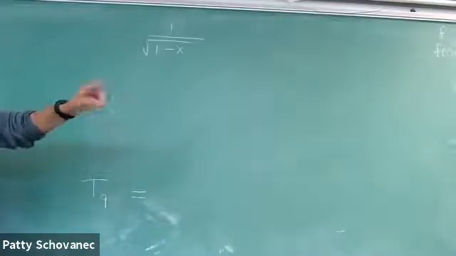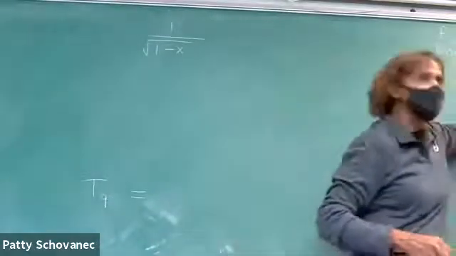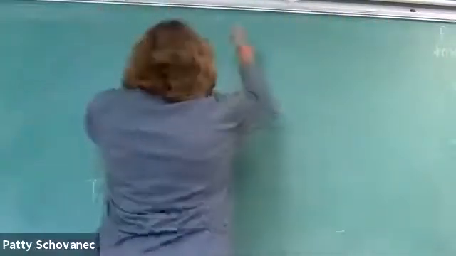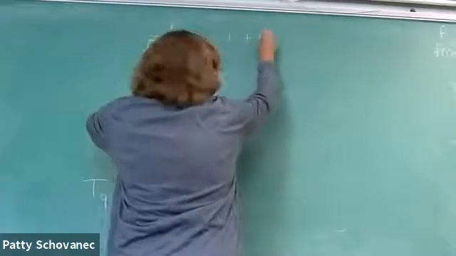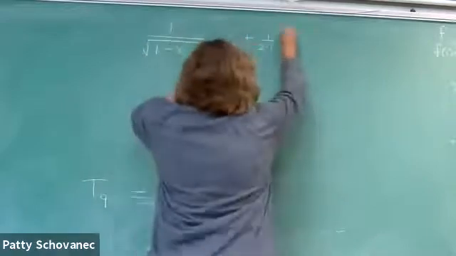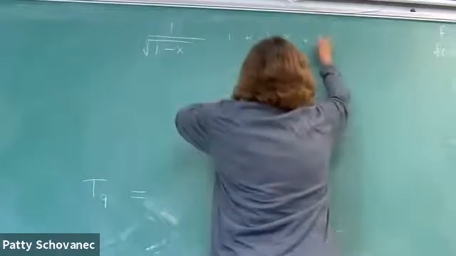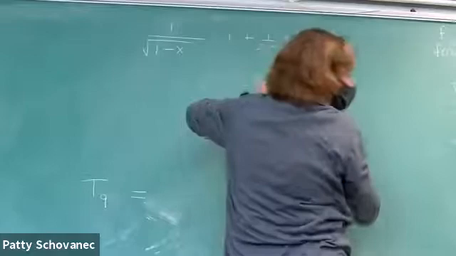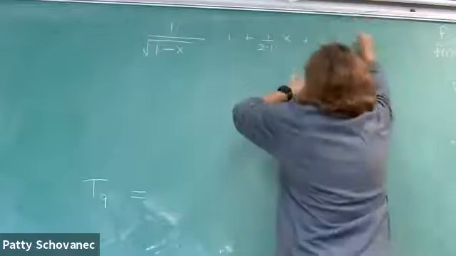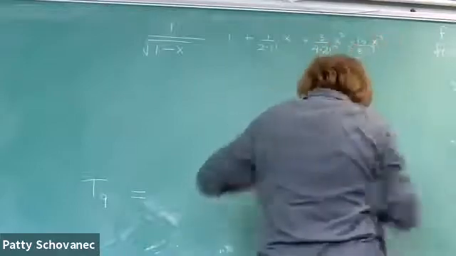So we're going to replace each x with 1 minus x, and we decided odd powers, we'll put an x in here and change the sign, and even powers just put an x in there. So this is going to look like 1 plus 1 over 2 times 1 factorial times x, plus 3 over 4 times 2 factorial times x squared, plus 15 over 8 times 3 factorial times x cubed.